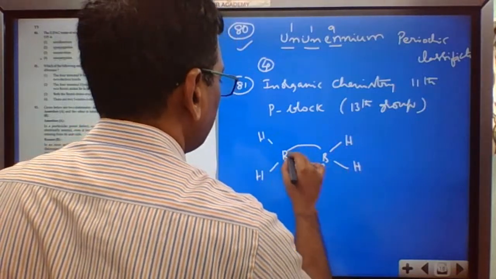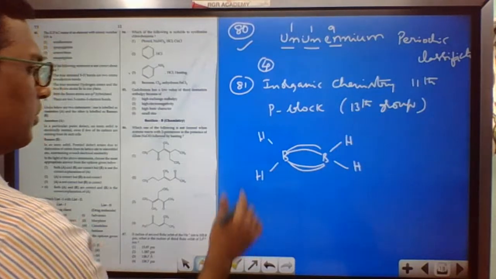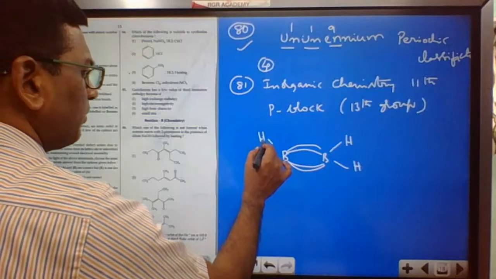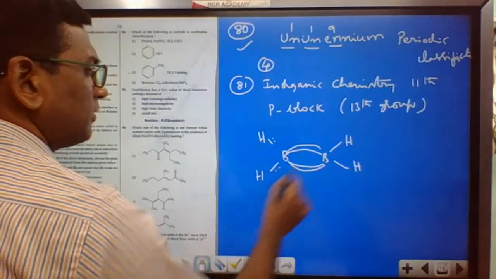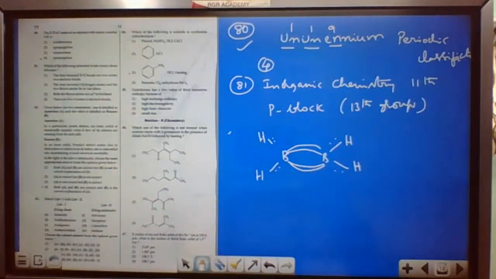These are bridge bonds or banana bonds. Regarding this, they asked a question. There are 4 terminal B-H bonds, which are 2 center 2 electron bonds, so there are 4 terminal bonds. Statement 1 is correct.